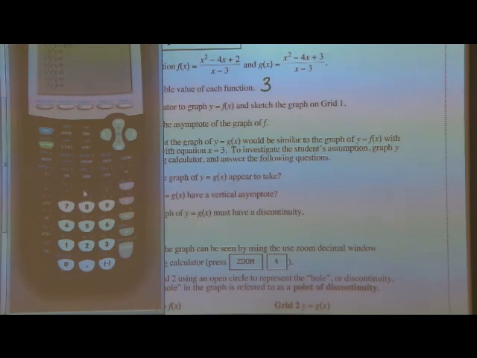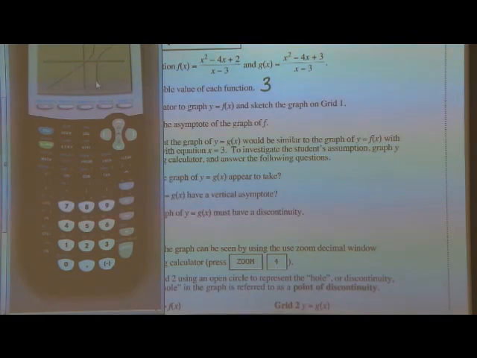So y equals x squared minus 4x plus 2 in brackets, and then divided by bracket x minus 3. And then I graph. And I see where x equals 3, there's my vertical asymptote.